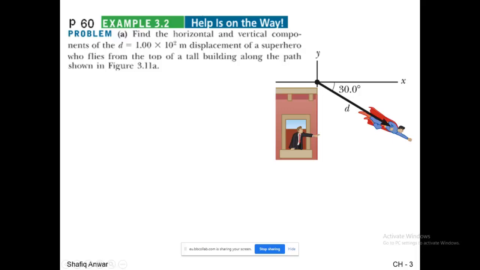So first of all you have to decide. D is given to you, or I call it, for example, A vector or D vector, the same meaning, by the way.